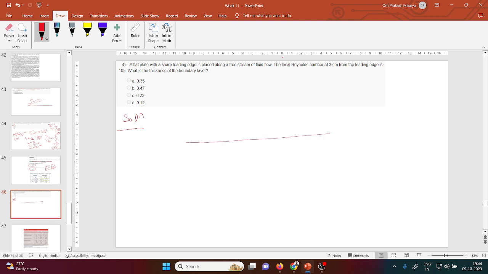The local Reynolds number at 3 centimeters from the leading edge, from 0 to here, is 10 to the power 5, not 1005. And what is the thickness of the boundary layer in centimeters? Basically, you need to calculate the thickness of the boundary layer.